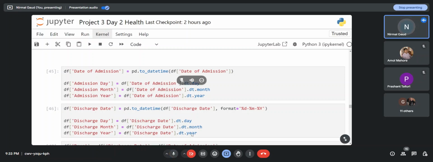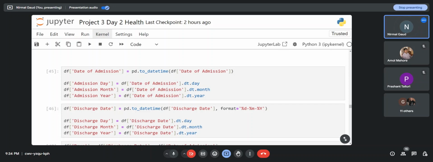All right, so we all are here for our day two of the project session on healthcare. So far, we did the analysis of our data, and we have done discussion on the features which are present in the data.